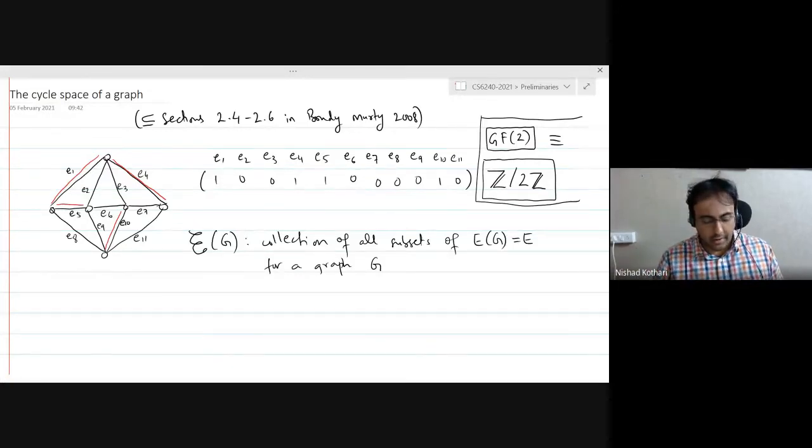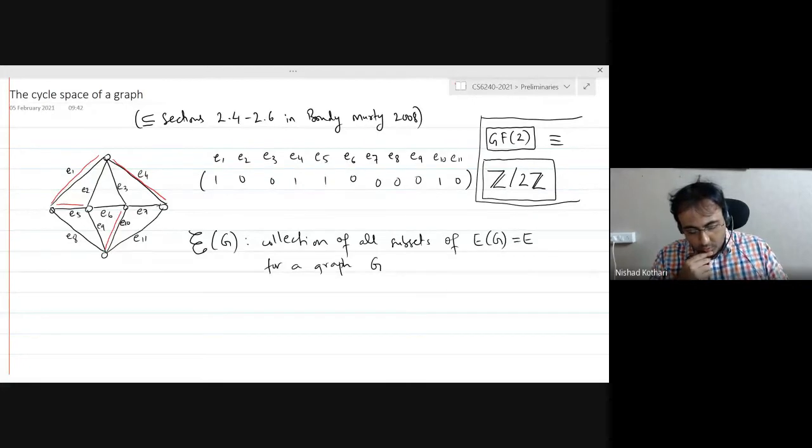So the plus operation is XOR, or if you like, symmetric difference, and multiplication as it is, right? 1 times 1 is 1 and everything else is 0. Okay, good. So let's go back to graphs.